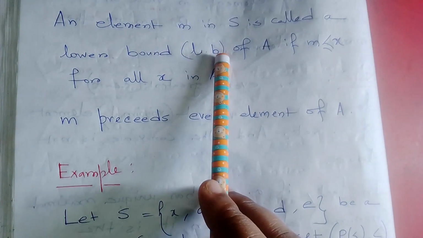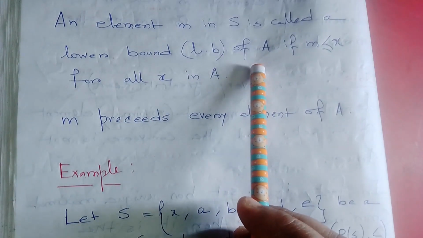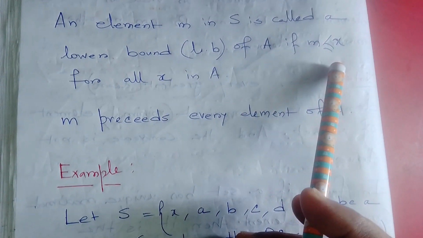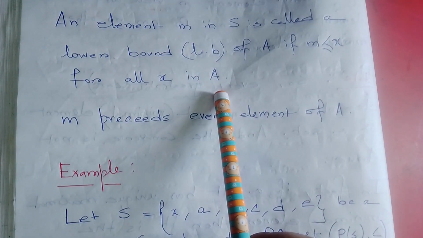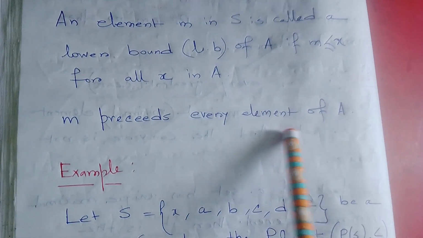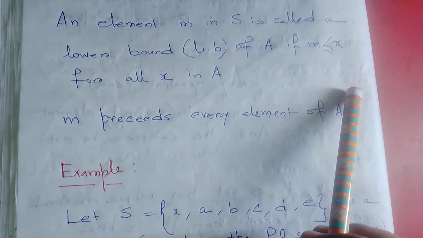An element M in S is called a lower bound of A if M ≤ x for all x in A. M precedes every element of A. So what is a lower bound?